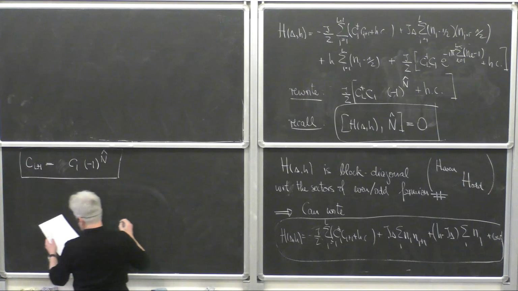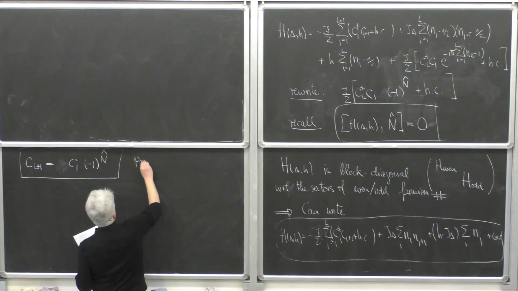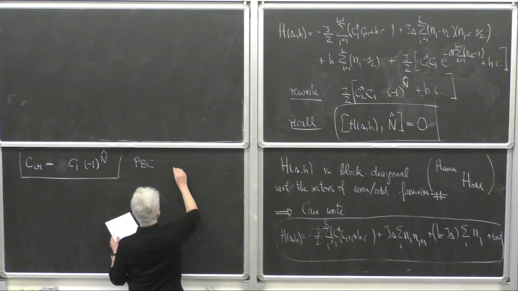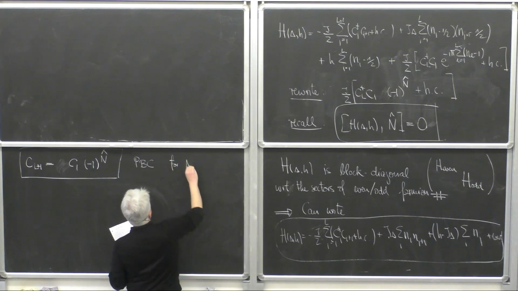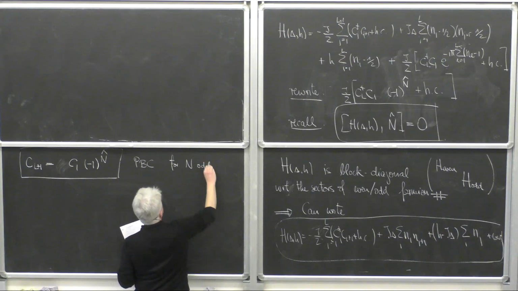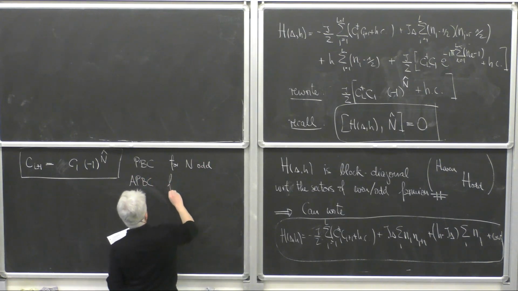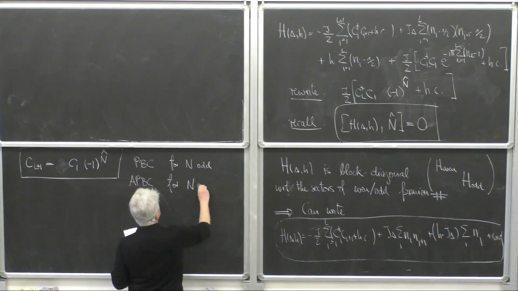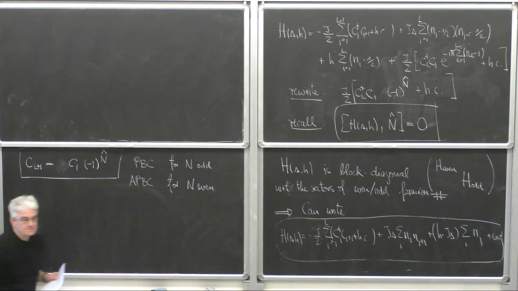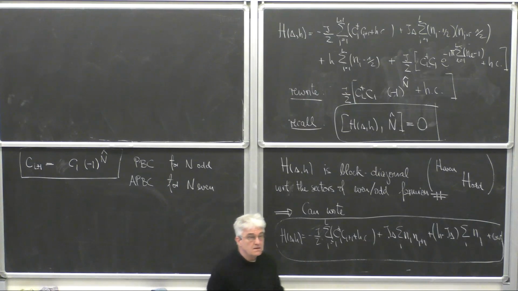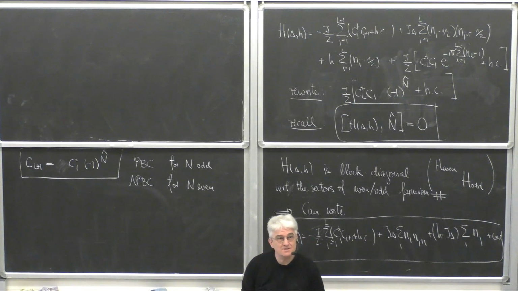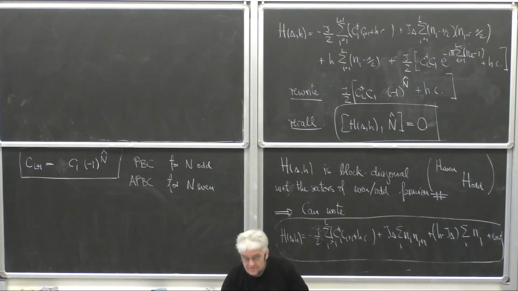And that means we have periodic boundary conditions for n odd and anti-periodic boundary conditions for n even. And n is the number of fermions. Yes, as I said, L is even.